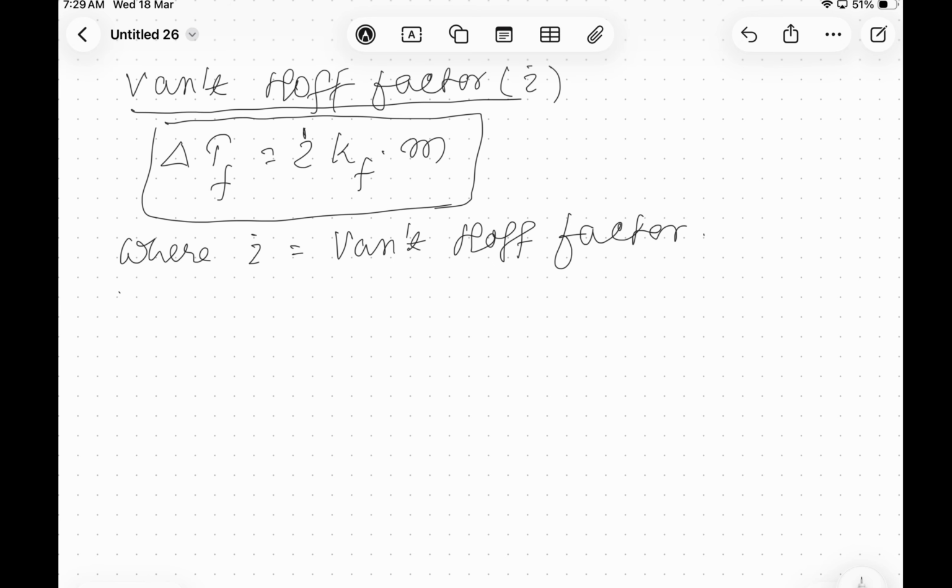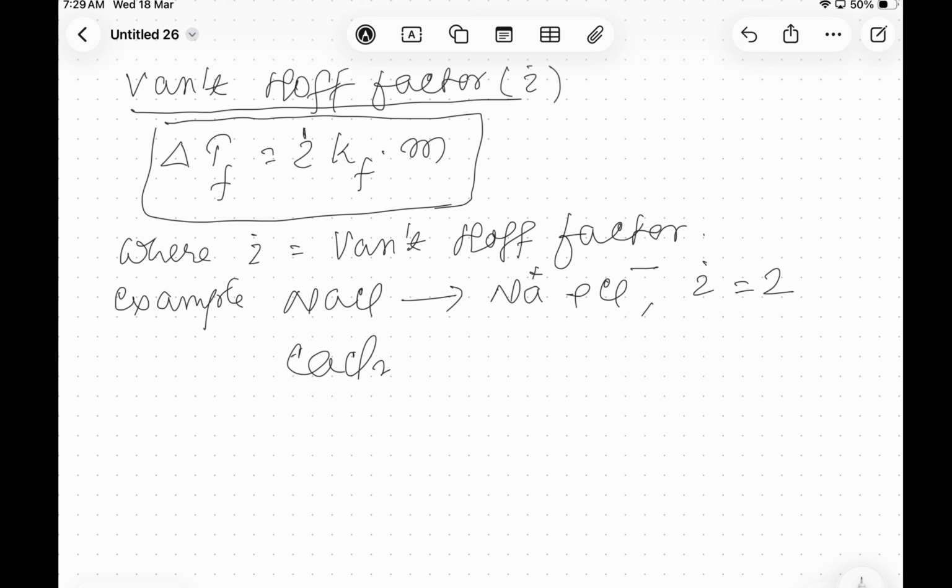Take the example of NaCl, which dissociates into Na plus and Cl minus in solution; its Van 't Hoff factor in this case will be 2. Take another example, CaCl2 is a solute and it dissociates as Ca2 plus and 2Cl minus. Then in this case the Van 't Hoff factor is 3.